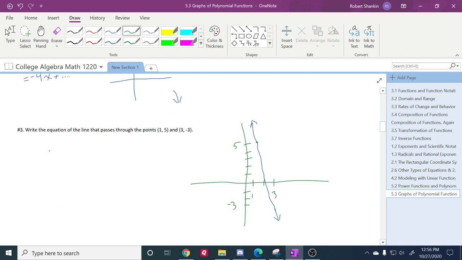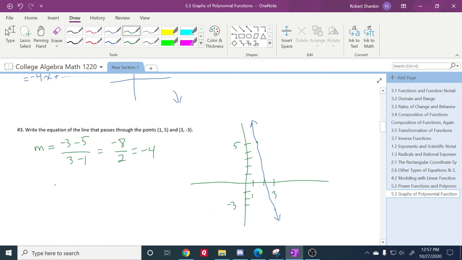All right, so with that understanding, the first step is the slope. Difference in y's over the difference in x's.